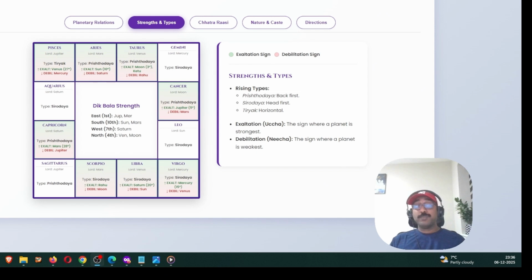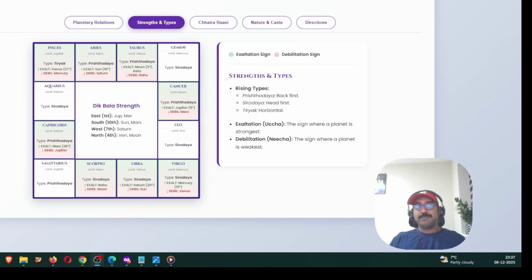And one important point is, in general in Prashna methods, the Prishtodaya Rashis, which are hinder first or back first Rashis, are considered a negative sign, and if it is head first, it's called Shirodaya, and it's a positive sign.